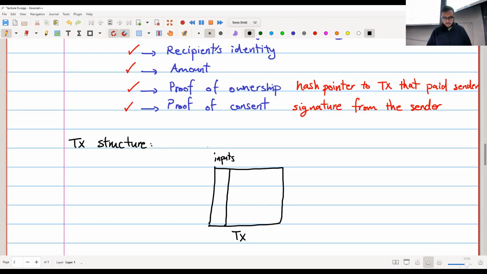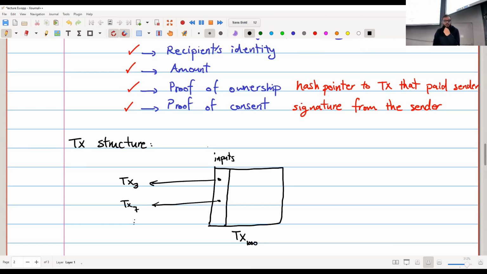And each input is basically a pointer to a previous transaction. So let's say if this is transaction, I don't know, 1000, maybe I have a pointer to transaction 3, I have a pointer to transaction 7, whatever. Okay. Each one of these pointers is telling me where I got the money that I'm spending in this transaction.